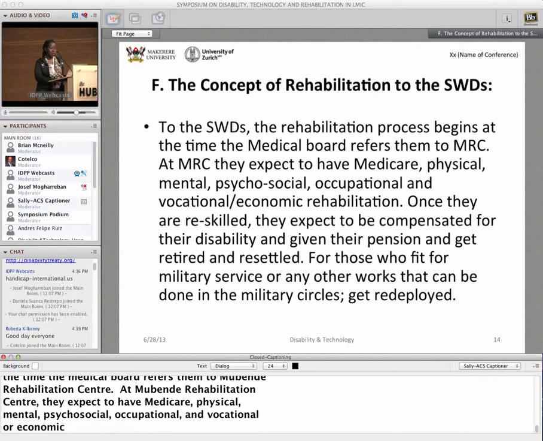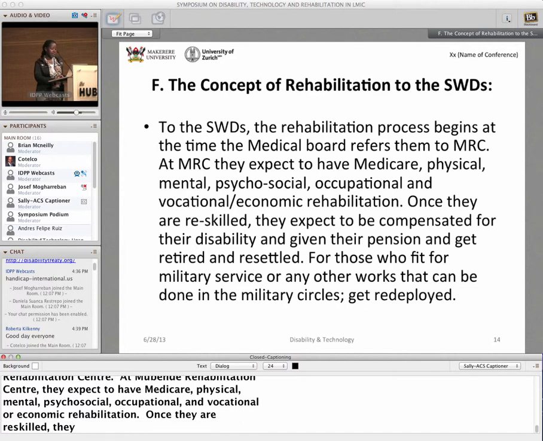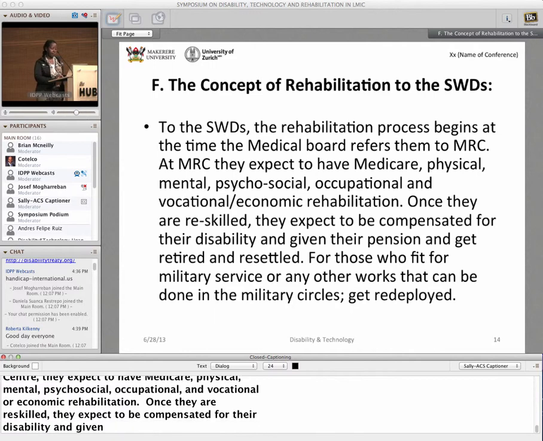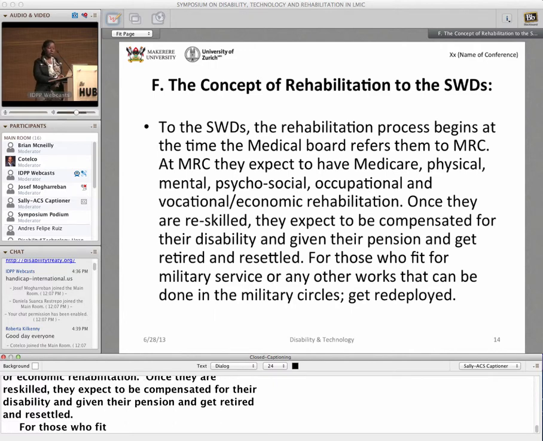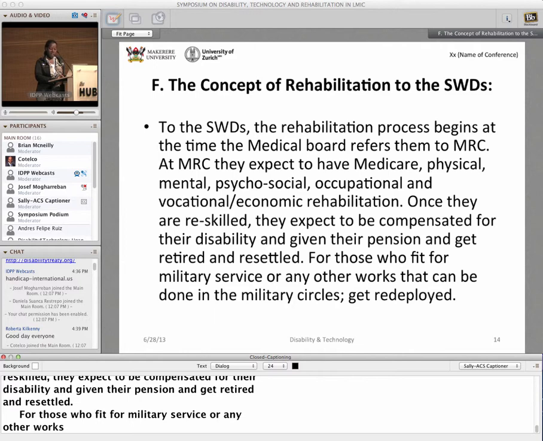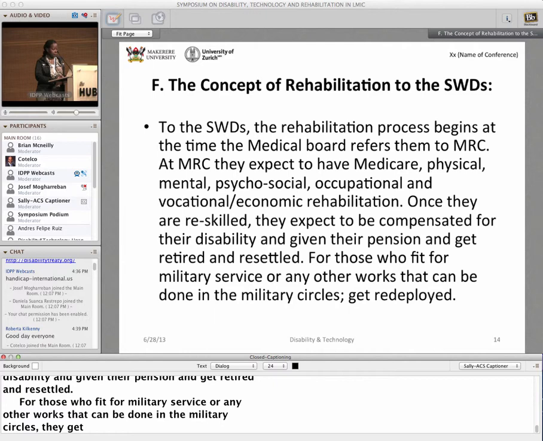Once they are reskilled, they expect to be compensated for their disability and given their pension and get retired and resettled. For those who are fit for military service or any other works that can be done in the military circles, they get deployed.